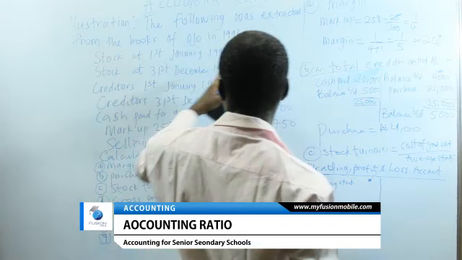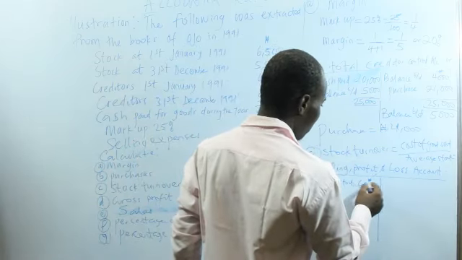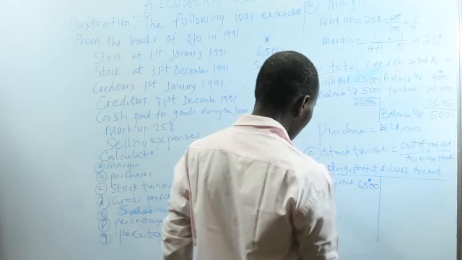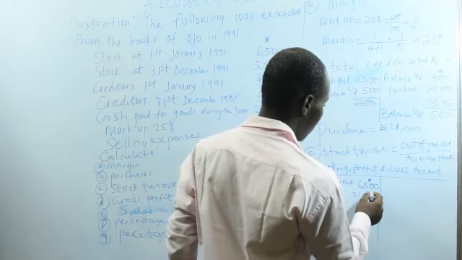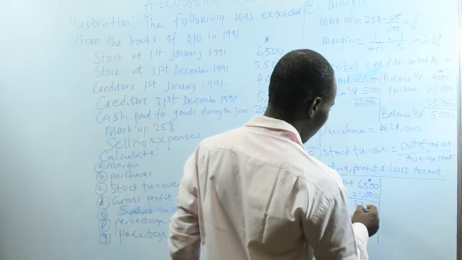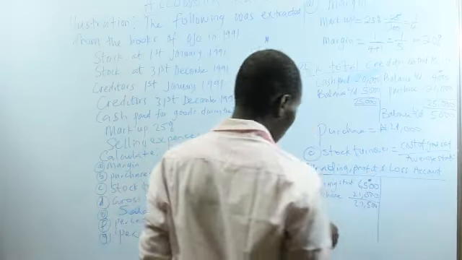Opening stock at 1st January 1991 is 6,500, plus purchase within the period, which is 21,000, which gives 27,500. Then we have closing stock within the period.